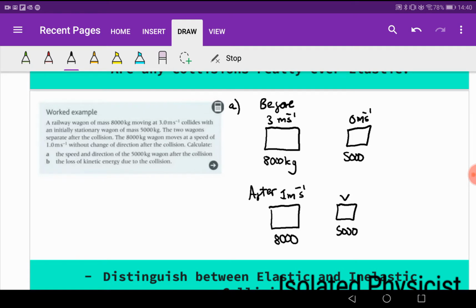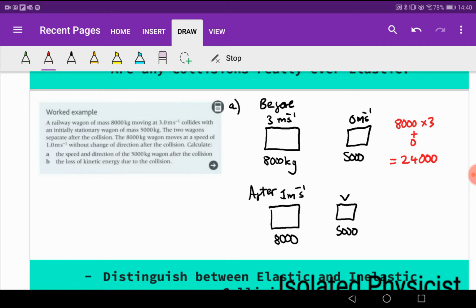So the sum of momentum is the same before and after. What's our sum of momentum for the top one? Well, we've got 8,000 times 3 plus 0, essentially. So that's just 24,000 for the top.